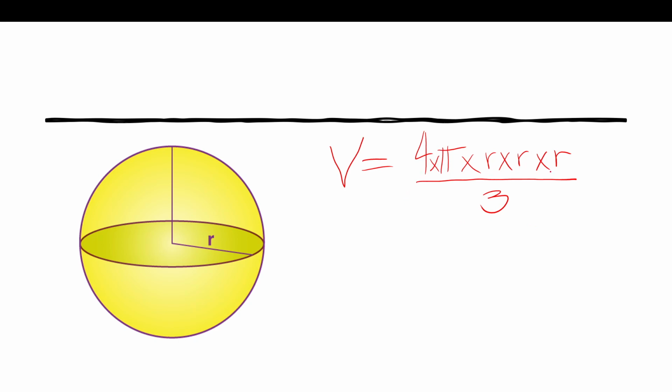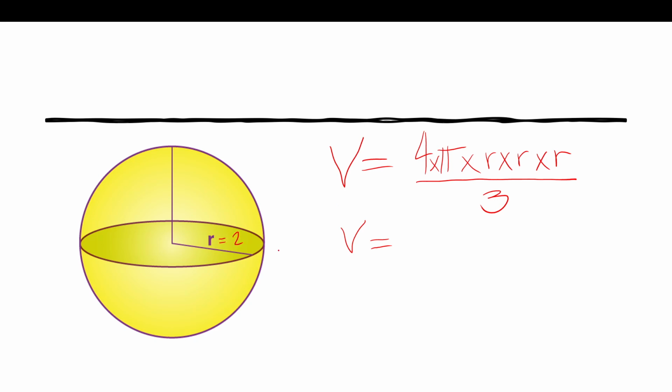So, tatlong radius para maging cubic units. And then, dahil 4/3 parts lang siya ng isang cylinder, kaya po may 4 sa taas at may 3 sa ilalim. So, isang measurement lang ang kailangan natin.